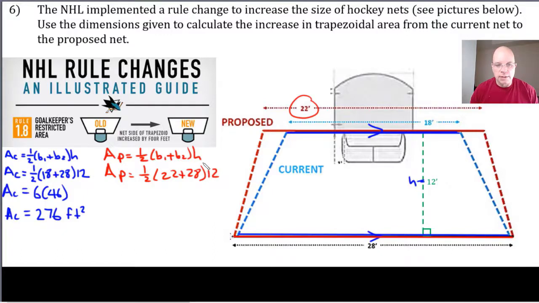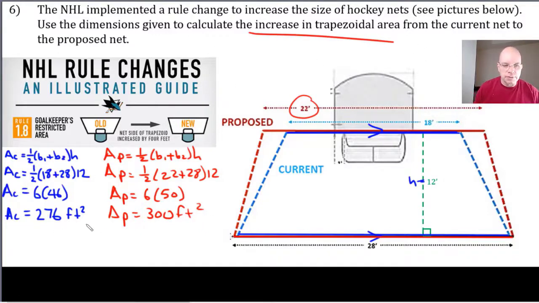I'm going to associate like we did with the current net. 1/2 of 12 is 6, and 22 and 28 is a sum of 50. So the area of the proposed net will be 6 multiplied by 50, or 300 feet squared. The increase in trapezoidal area will be the difference of those two. So 300 minus 276 is 24 square feet.